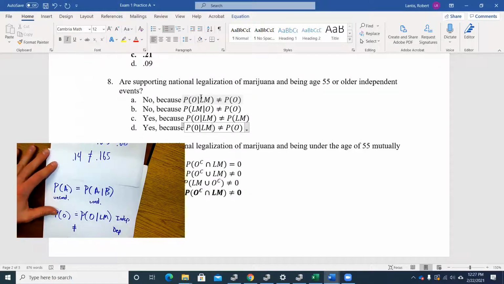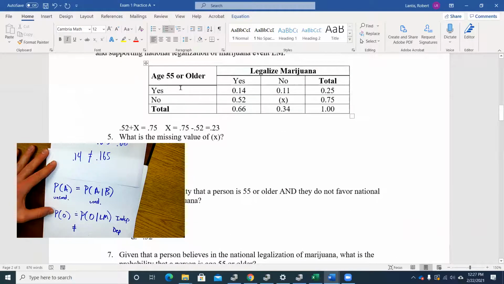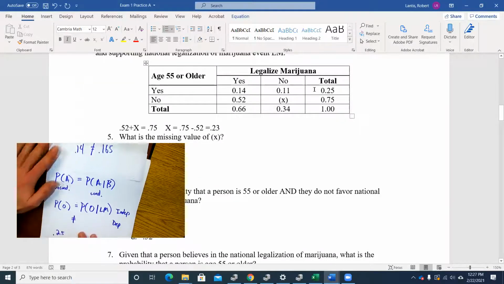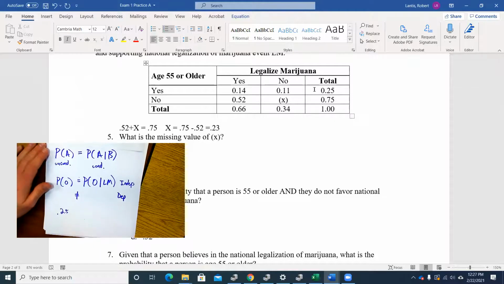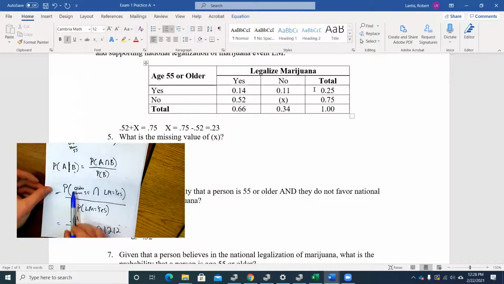Well, what's the probability of being older than 55? Go up here, older than 55, 0.25. So 0.25. What's the conditional probability? Well, we can't just get the conditional probability directly from the table, but earlier we'd actually solved for a conditional probability already.